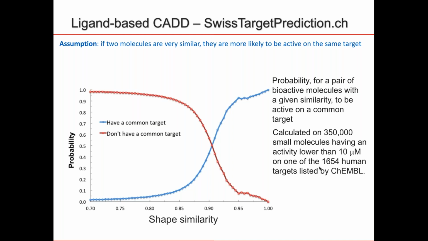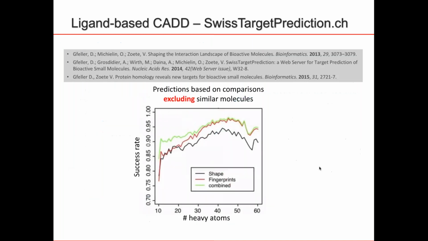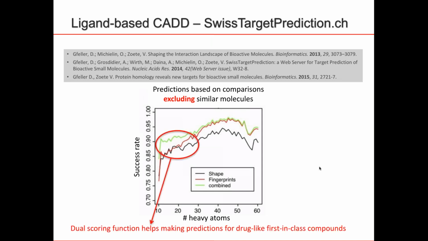What is true here for shape similarity in this curve is also true for the chemical structure similarity. And in the lab, we decided to combine both scoring functions in the same approach, a logistic regression that allows us to make predictions not only when the molecule belongs to a series which is already well known, so we can capitalize on structure similarity, but we can still predict something interesting even if you are working in a totally new family in terms of chemical structure.